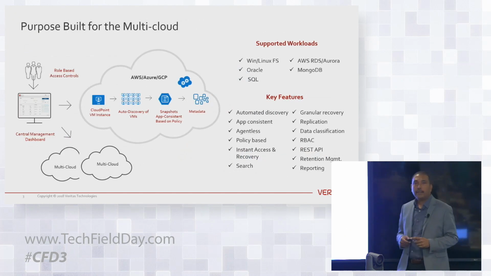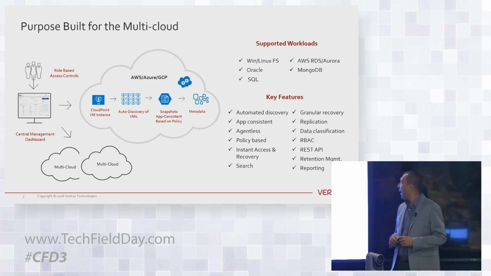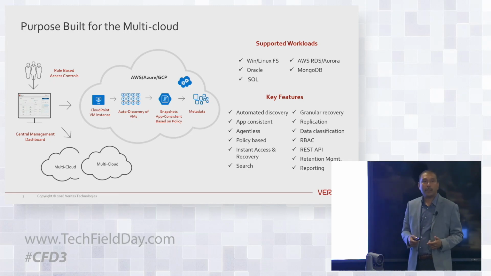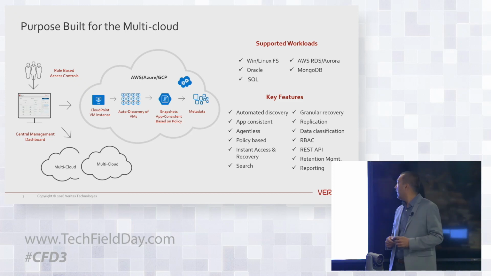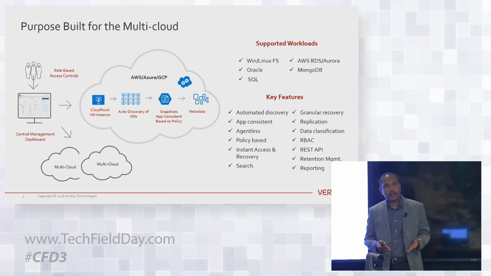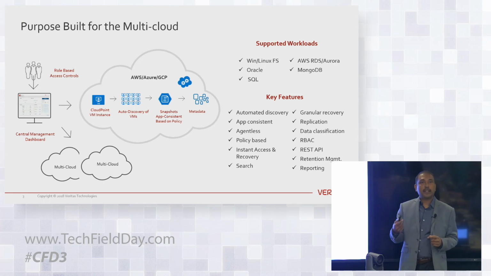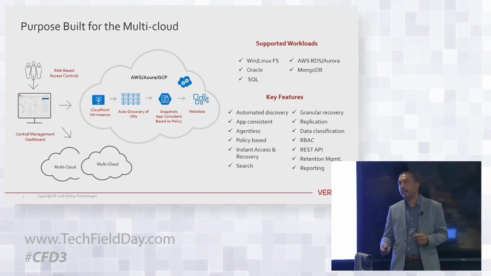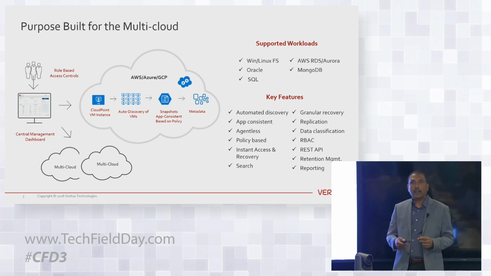Let's look at how this works, what the supported workloads are, and what features we support. We provide role-based access control, which means that an admin can create users and assign them specific access control.